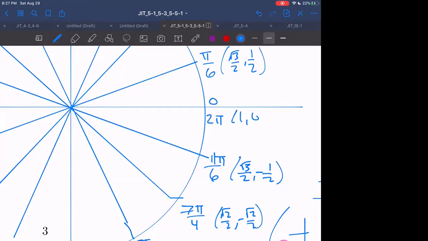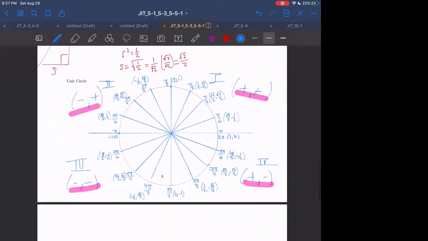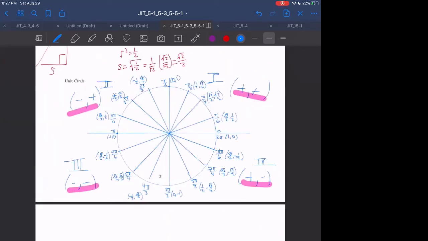Either way, it's (1, 0) as our point. All right. So you should be able to see how we take these first three, and then they just mirror along in each of the quadrants. Okay. So there's our unit circle.